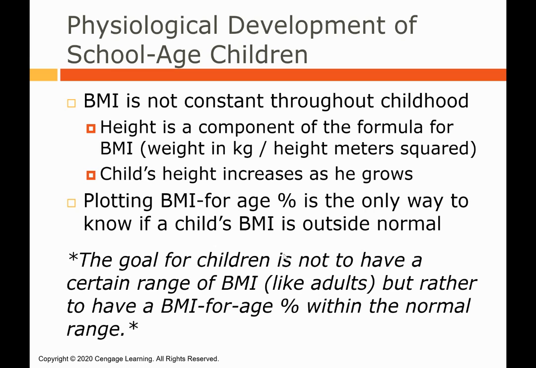It's important to note that the goal for children is not to have a certain range of BMI like adults. For adults, it's cookie cutter, right? We have our ranges: less than 18.5 is underweight, 18.5 to 24.9 is normal weight, 25 to 29.9 is overweight, and greater than 30 is obese.